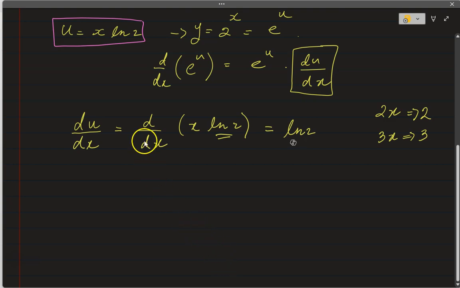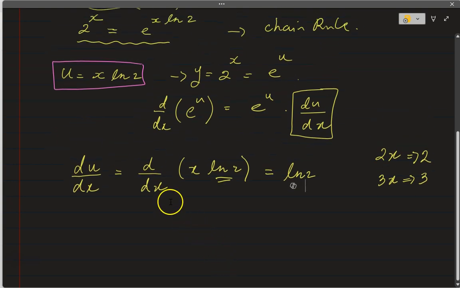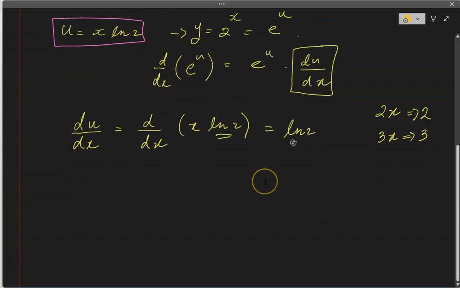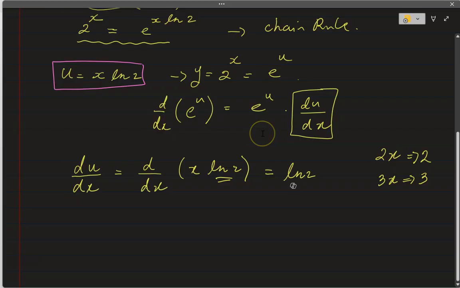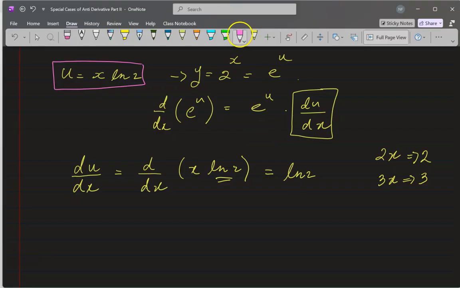The derivative of x ln of 2 is just the constant ln of 2, because if you take the derivative of 2x, it's 2, and the derivative of 3x is just 3, a constant. So ln of 2 is just a number. Now we have that. Great. Now we can go ahead and replace this part right there on top.